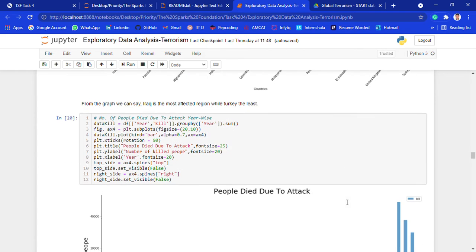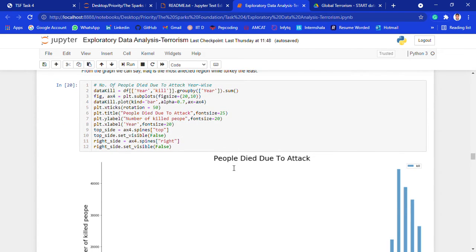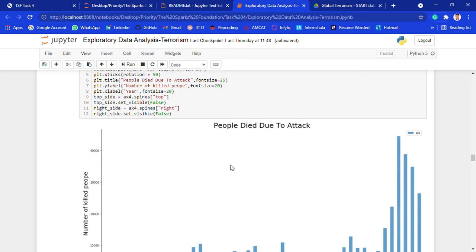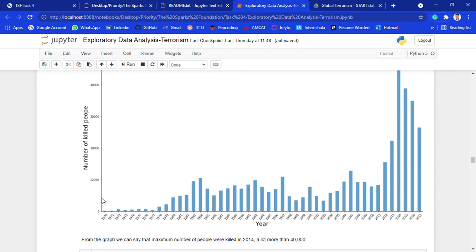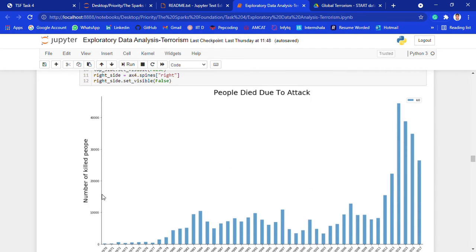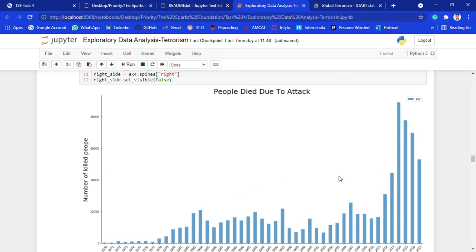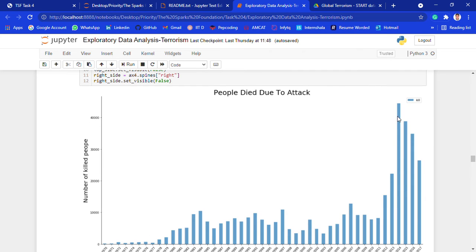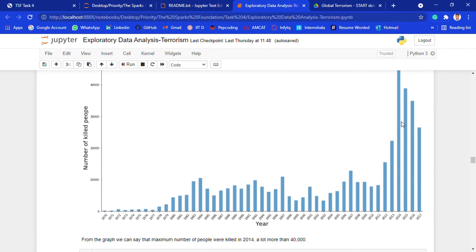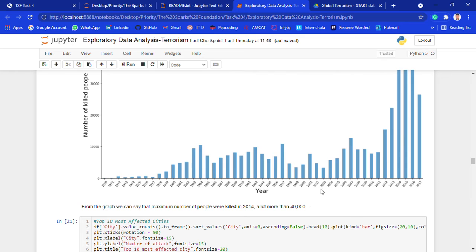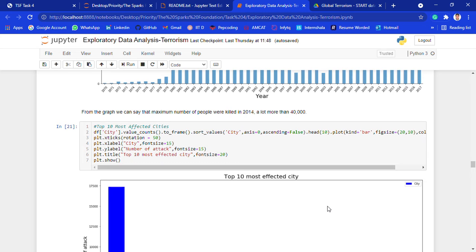Next, I have plotted the graph of the number of people who died due to attacks year-wise, and it's a huge number, the kind of thing that should not be happening, but it's happening right now. In the year 2014, the most people were killed, more than 40,000, so that's a huge number.